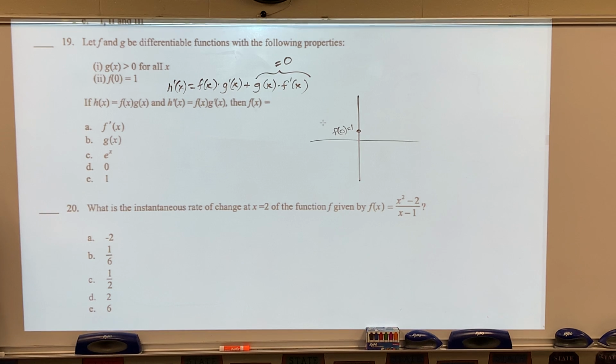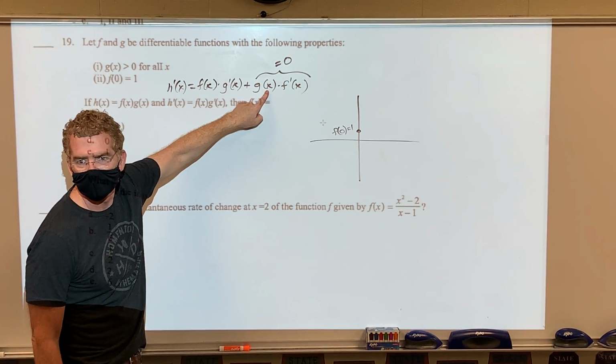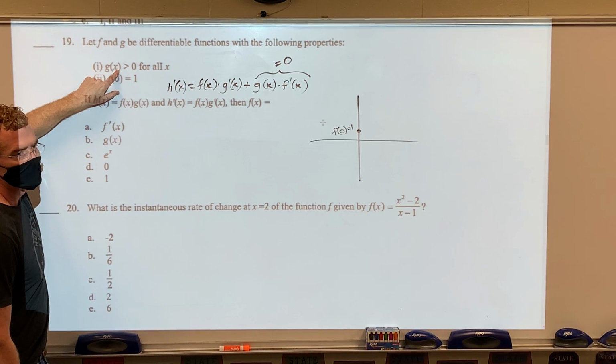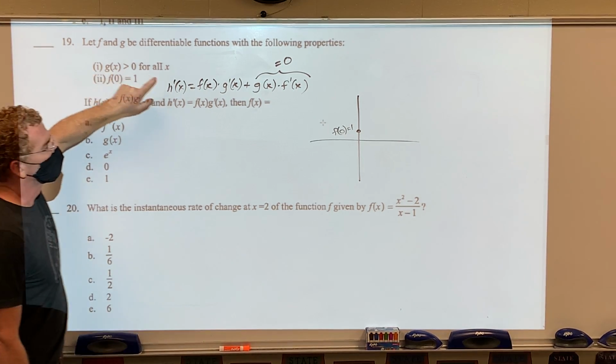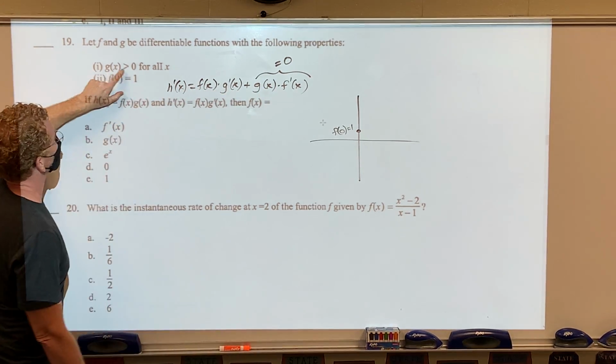Can that be 0? Why not? Because it's always positive. So if it's always positive, what does that mean? This can't be 0 because it's positive.